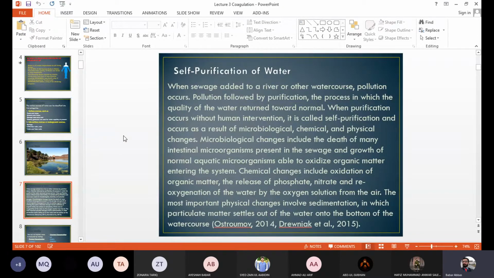When sewage is added to a river, sewage is a pollution and river is a fresh water body, and when both are mixed, the pollution is being added to the fresh water, followed by purification. How does purification occur in the river? The process in which the quality of the water returns towards normal.